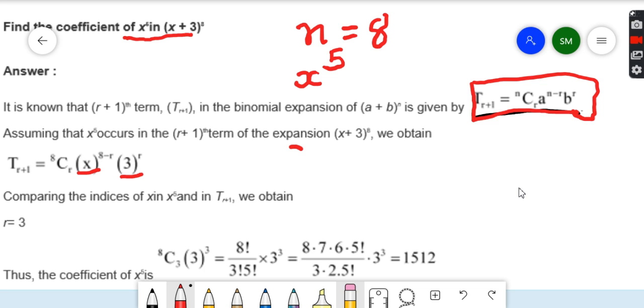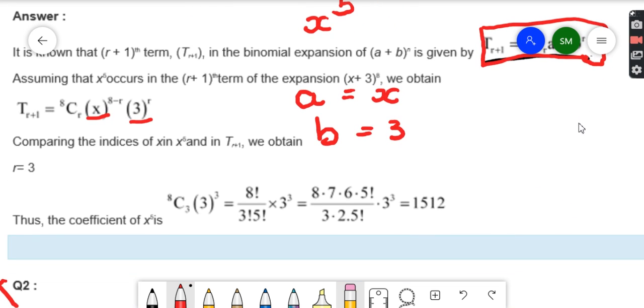Means here we have a is equal to x, and b is equal to 3. So I just replace all the values in this general term. Alright, now I want to find out x raised to 5.